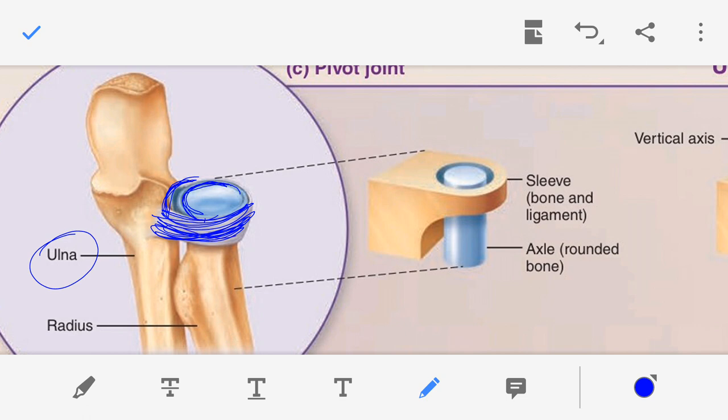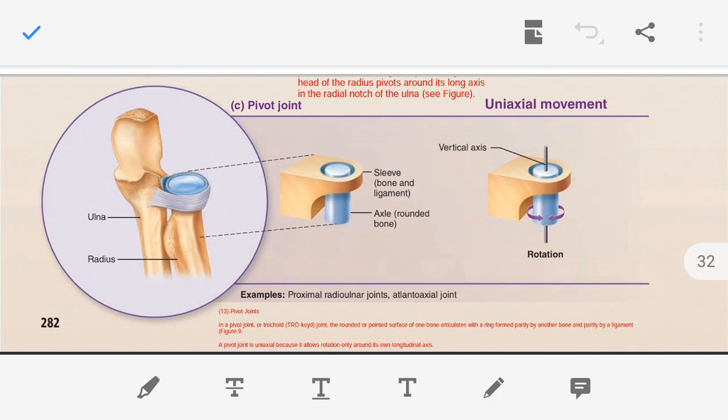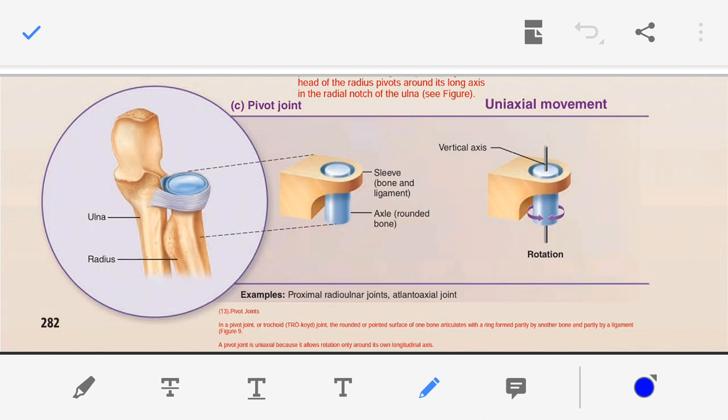So right now I am showing you the ligament. Okay, and this is the axis. So imagine the ulna is acting as the axis and the radius is rotating.